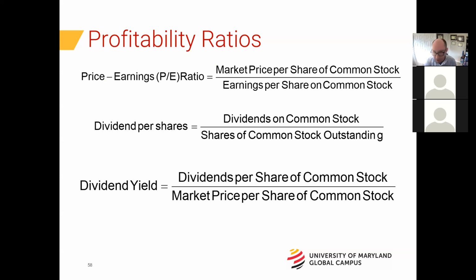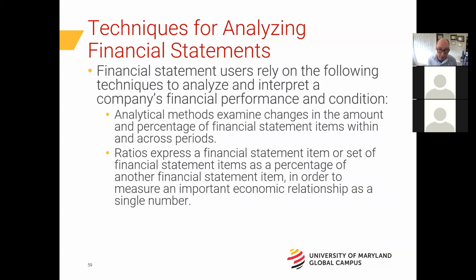Dividends per share is the dividends on common stock divided by the shares of common stock outstanding, both of which you'll find on the 10K report. And the dividend yield is dividends per share of common stock divided by the market price per share of common stock. All of these represent profitability. Basically, the company's ability to pay a dividend is kind of the whole concept behind profitability.